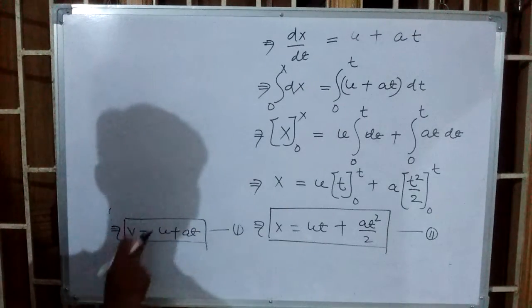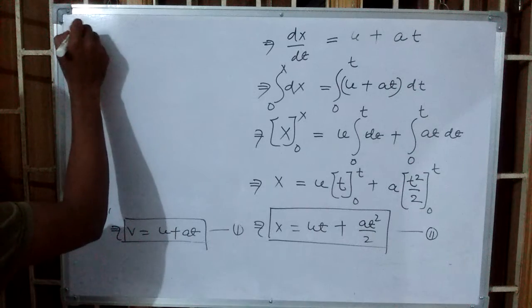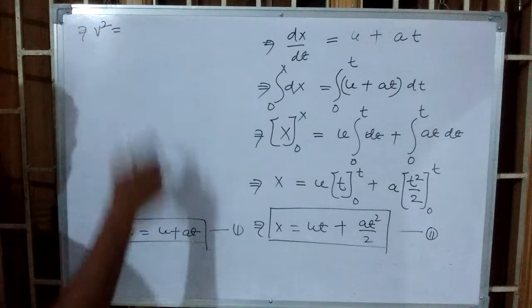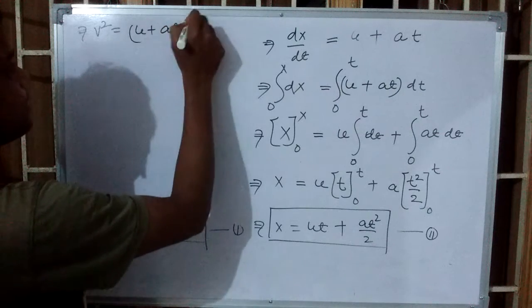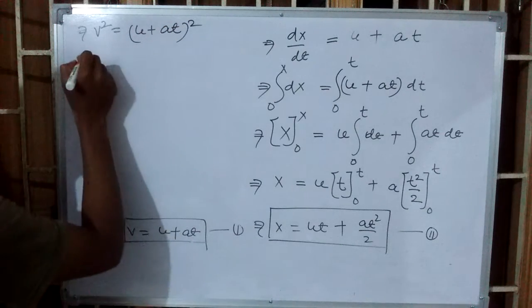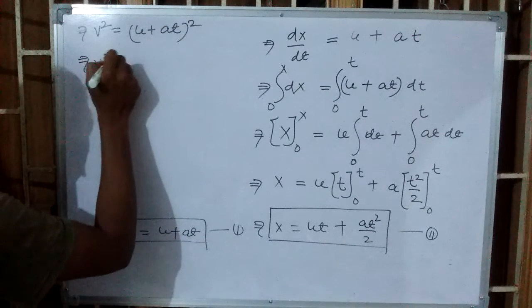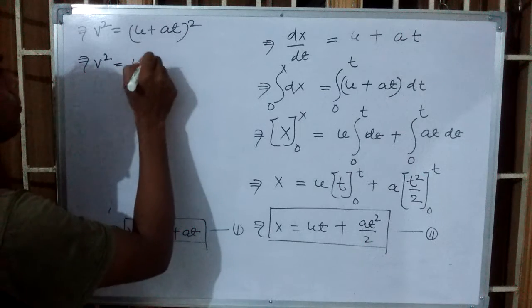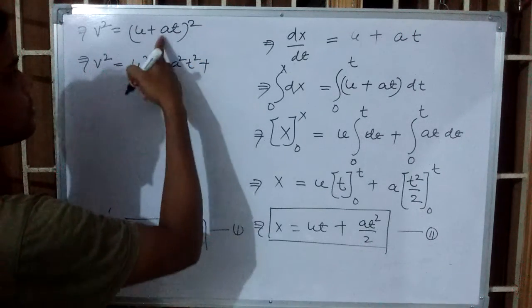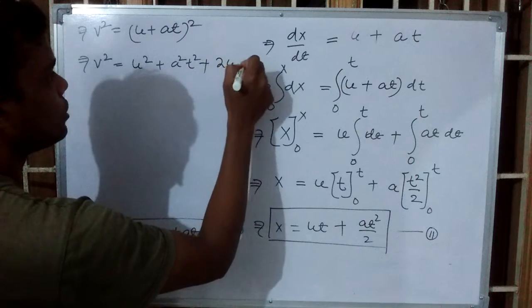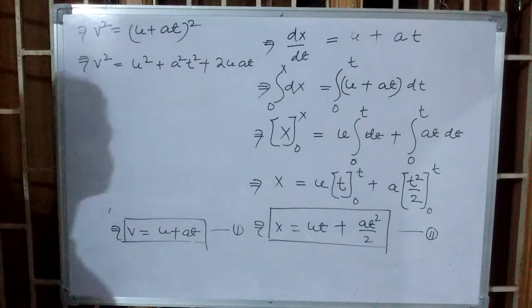If I square both sides of equation number 1, v square is equal to u plus at whole square, v square is equal to u square plus a square t square plus 2uat.